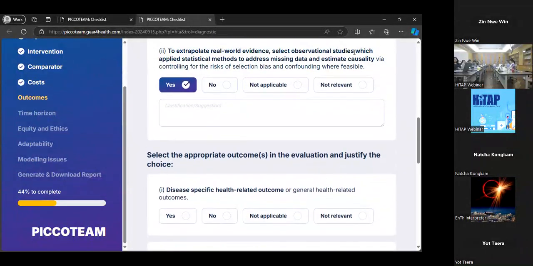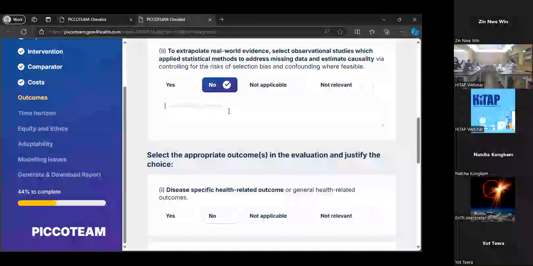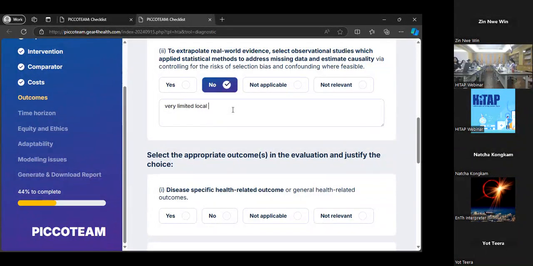But for our study, actually, it's not applicable, or you can click no, because we have very limited local evidence. So we can only have summary stats and expert opinions.